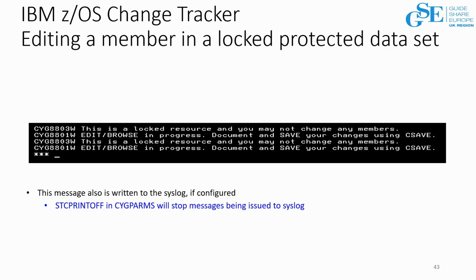Now, from a security perspective, or let's say if you want to be a little bit more covert within your environment, then there's also a parameter within the initialization parameter member where you can specify that some of these messages get suppressed, let's say from the syslog, for example, because otherwise these messages would be issued to the syslog as well, and that may be something you don't want the entire world to be seeing.